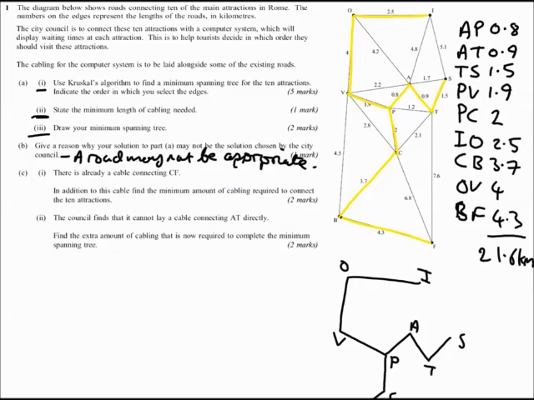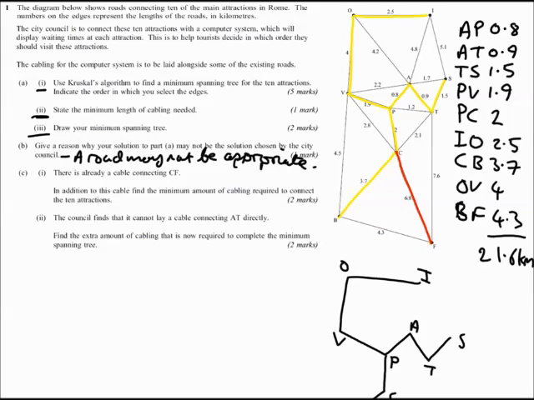Okay. Right, part C. There is already a cable connecting C to F. So that means C to F is already in place. So if we've already got C to F, we no longer need either B to T or B to F. Well, B to F is the longer of the two of those, so let's get rid of that.